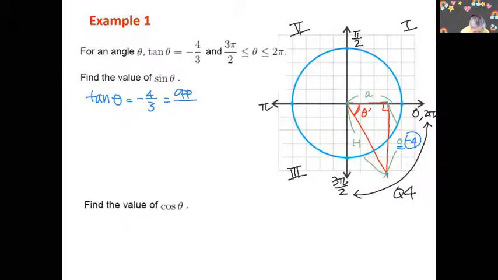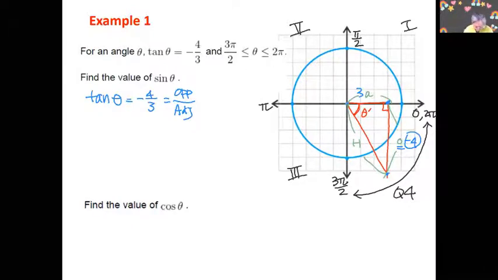Opposite over adjacent, right? So then the opposite must be -4 and the adjacent must be from 0 to the right, and then it's +3. So right here is 3, 0. And this must be 3, -4, right? -4. Okay, then now it makes sense.